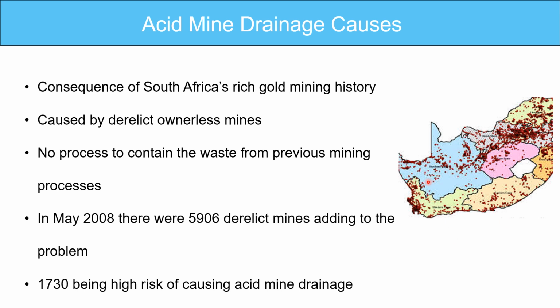So these mines are sitting there abandoned, and they are just leaching this terrible acidified water into the ground. Out of these 5,906 derelict mines, the government has come to the conclusion that 1,730 of them are really high risk. So these are really causing the big problems out of this larger number.